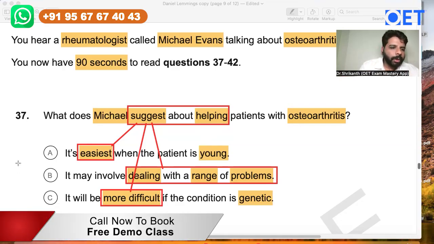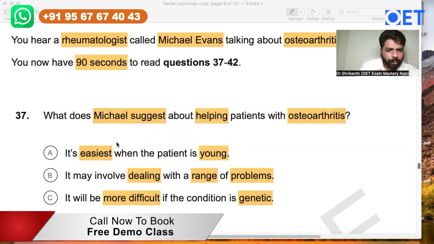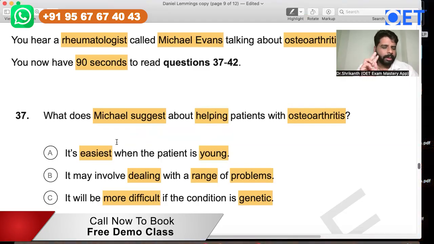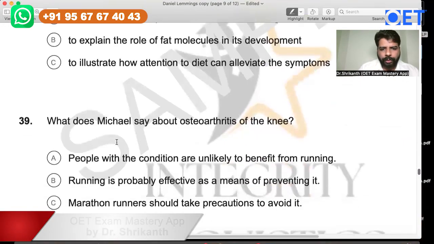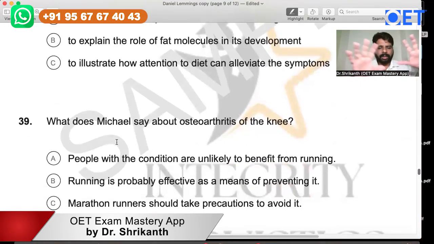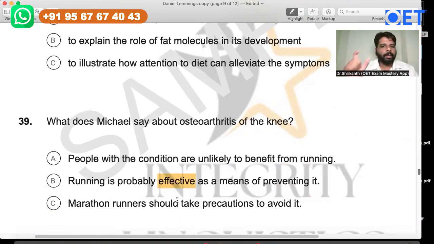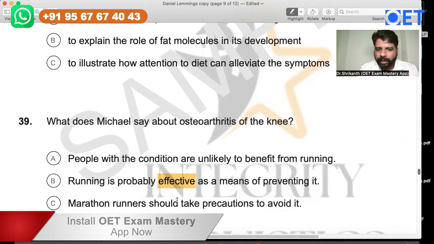Now, before I go to the audio script, I'm going to give you two strategies, two tips. When I show you this particular slide, your eyesight is going everywhere. Now, as soon as I highlight this word, effect, every one of you is directly looking at this word.